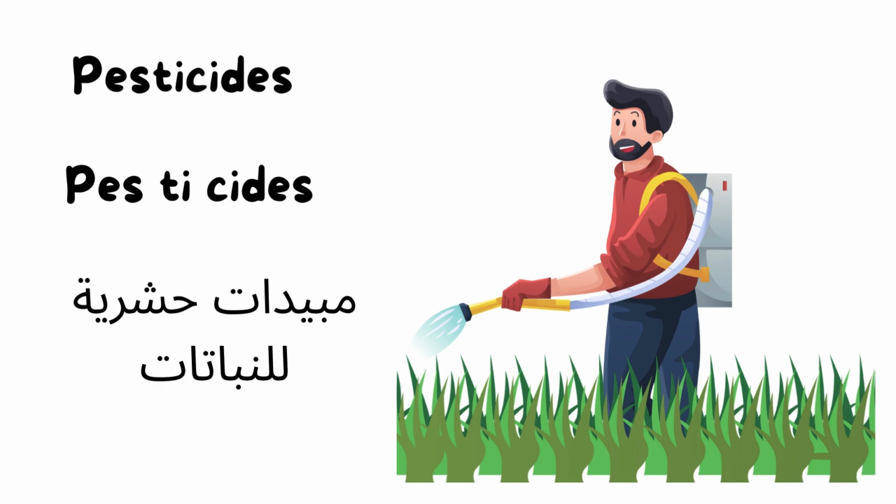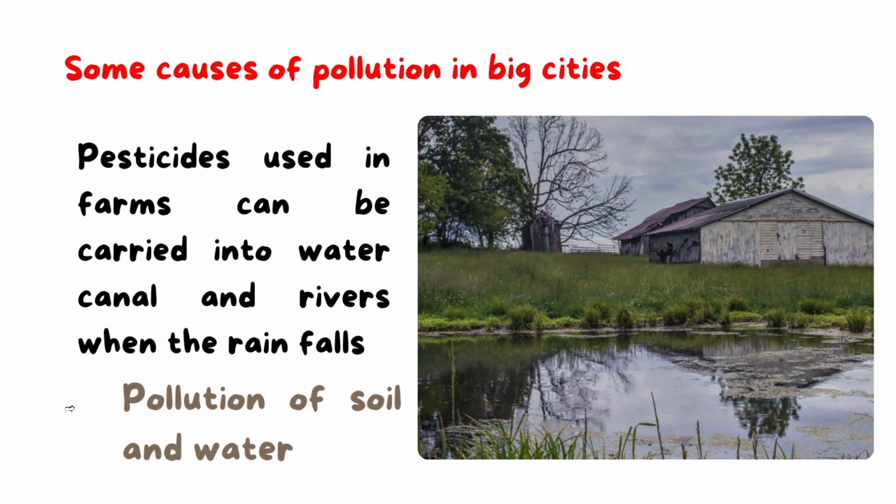Also, agricultural activities cause pollution, as you know, pesticides. Pesticides are substances that the farmer puts on the plant to kill the insects that harm the plant. These pesticides are very harmful for humans and animals.